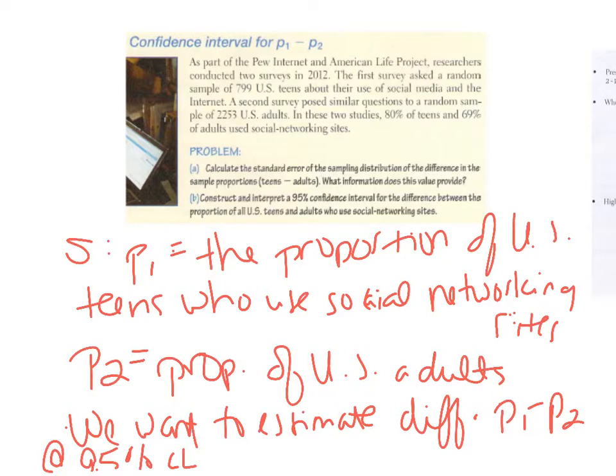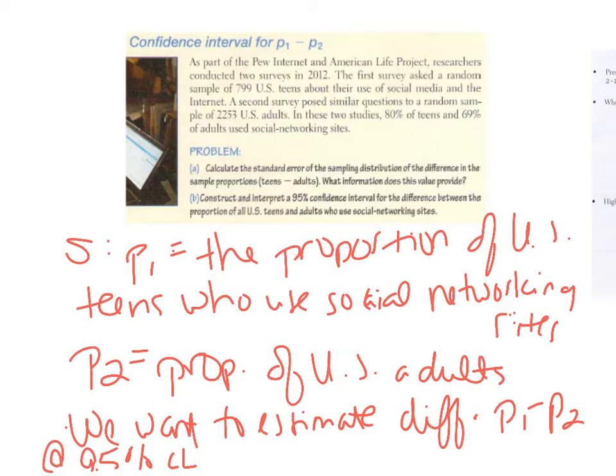So I need to state that part as well. Okay, and so that would be the statement part of my method. So I need to be sure I'm defining both parameters as well as stating what it is I want to estimate and at what confidence level.